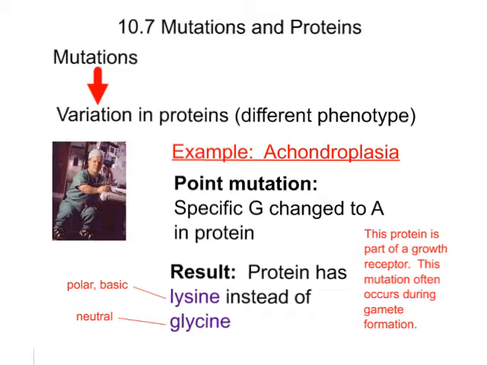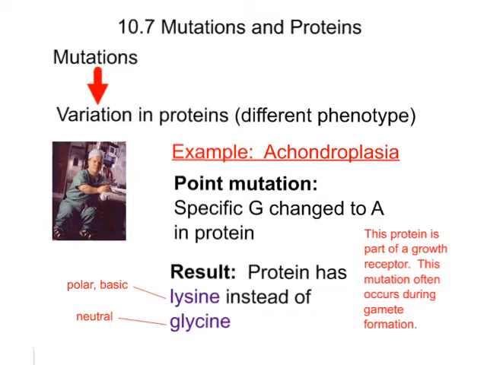And the result of that is that the protein that is formed when the codon is read in the translation process would normally read a lysine amino acid, but instead it reads a glycine amino acid.